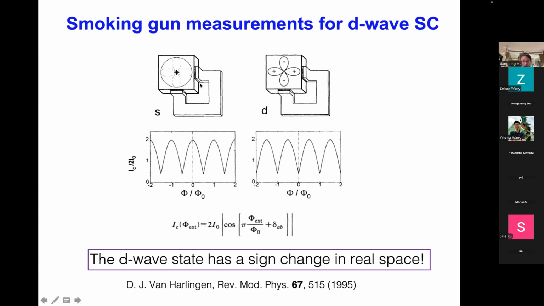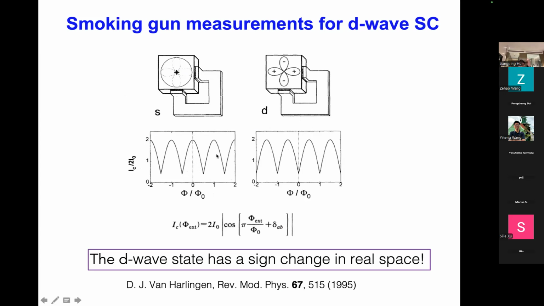If you have a typical S-wave, it means you do not have the sign change from plus to minus. D-wave here is from plus to minus, but here it will be the same. In that case, if you apply a magnetic field and measure the superconducting current versus the magnetic flux, you will see a shift.